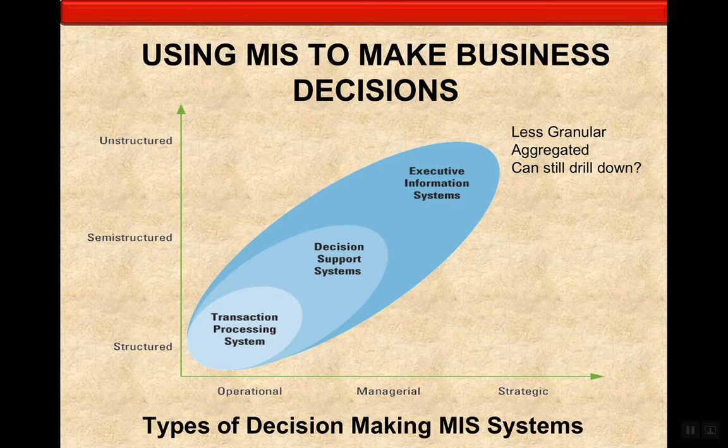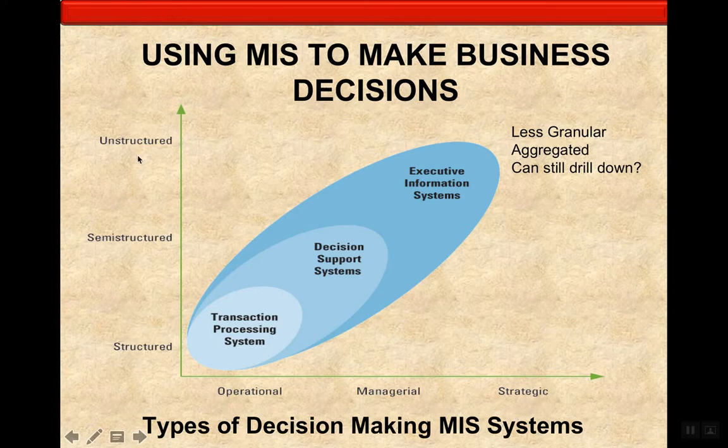There's a whole series of applications specifically targeted at doing this. Transaction processing systems generate data as a byproduct of their execution. That data is then fed into decision support systems, which aggregate all of that information together and identify what's happening.